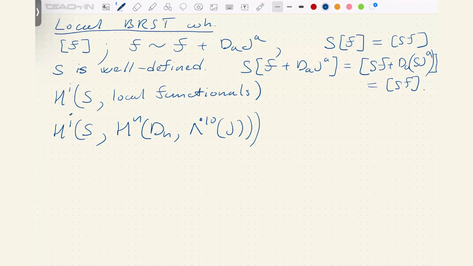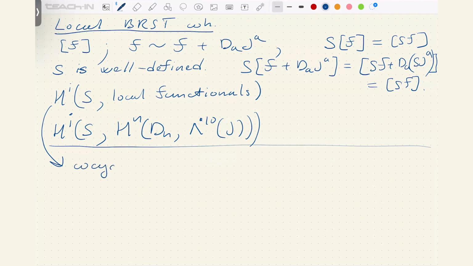Let's do it more explicitly, because this is a very important homological group. So we see that S acts, S is well defined in equivalence classes, so we get a complex, and its cohomology is precisely local BRST cohomology. But let us write it down more explicitly. So I want to define it explicitly. So what does it mean in terms of representatives?